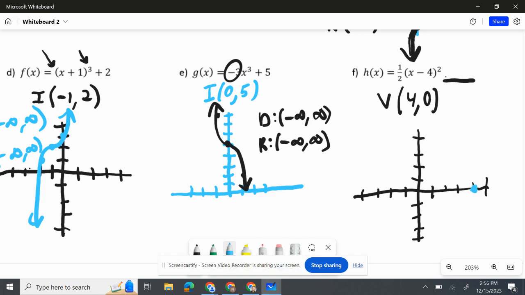Since it's a half, that means we go up a half and over 1 for each one. Then we draw our graph. Our domain is going to be -infinity to infinity. And for our range, notice that our lowest value is 0, and then it goes to infinity.